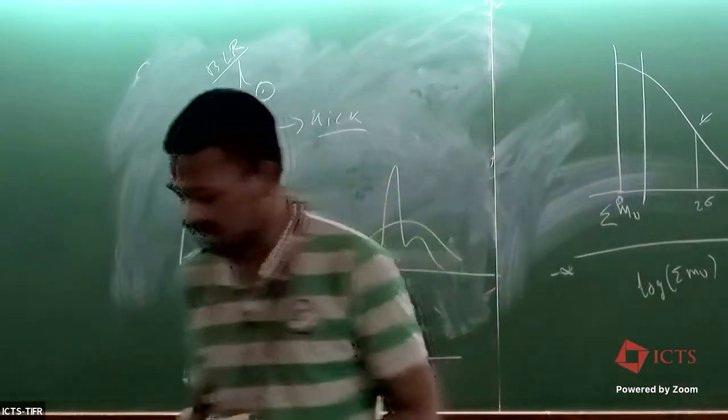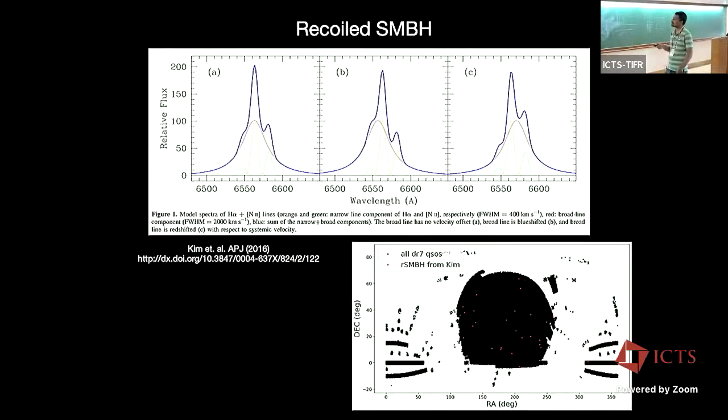This is an example where these people did this analysis quite a long time ago, in 2016. This is an illustration, but they have also done it in real data, where these are the narrow lines of an H-alpha complex, this is the broad line, and this is the total line.